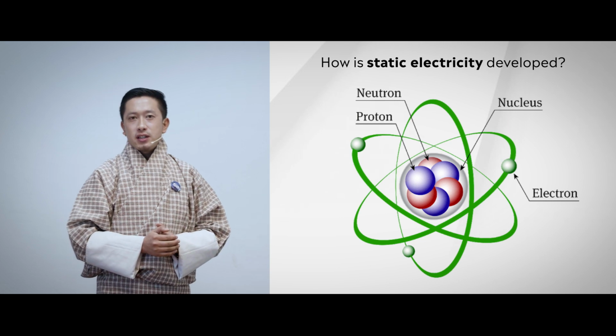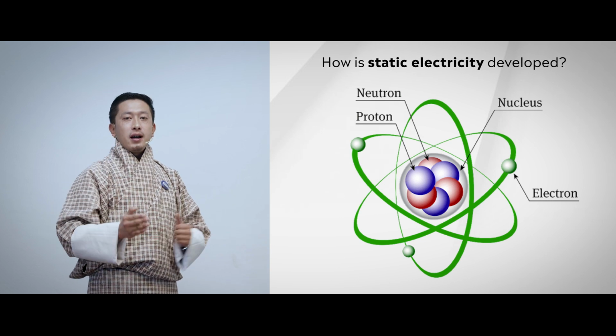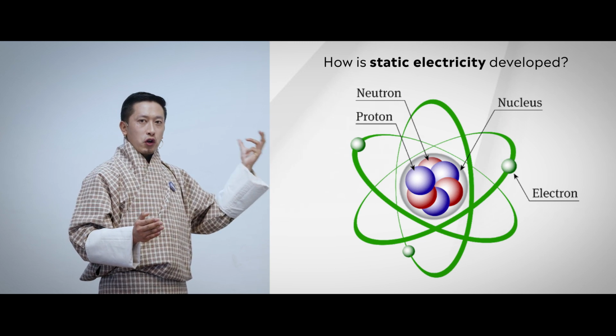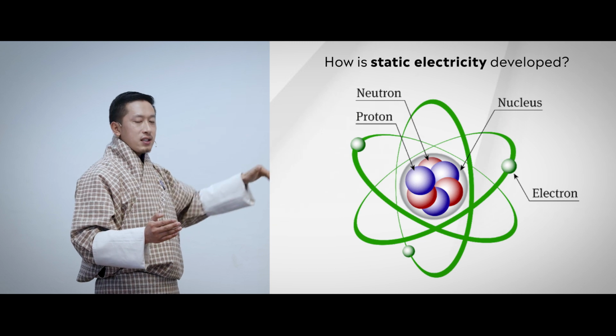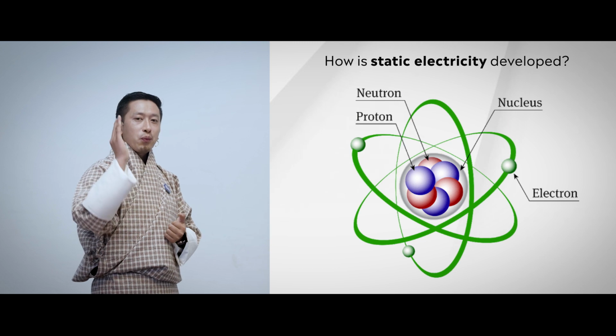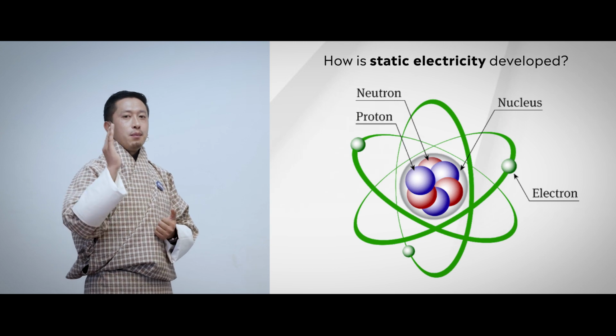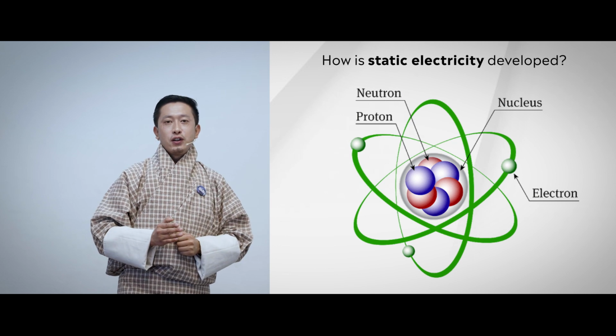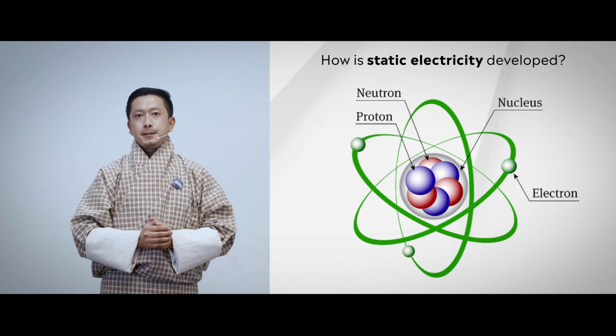Atom by nature, as you have studied in your lower classes, is a neutral entity. That is, the nucleus has positively charged protons and surrounding it are electrons which are negatively charged. So there are equal numbers of protons and electrons, meaning equal positive and negative charge. So an atom is a neutral entity.